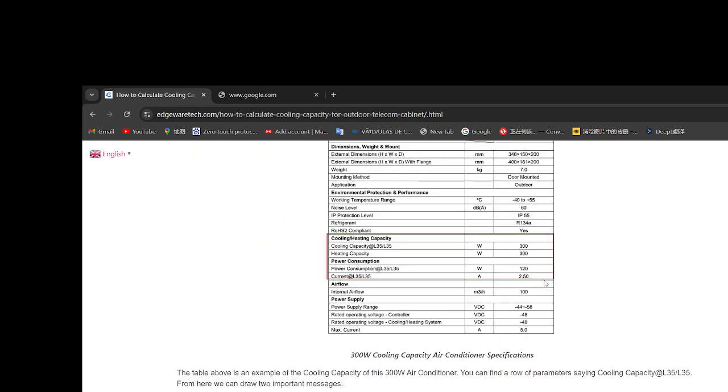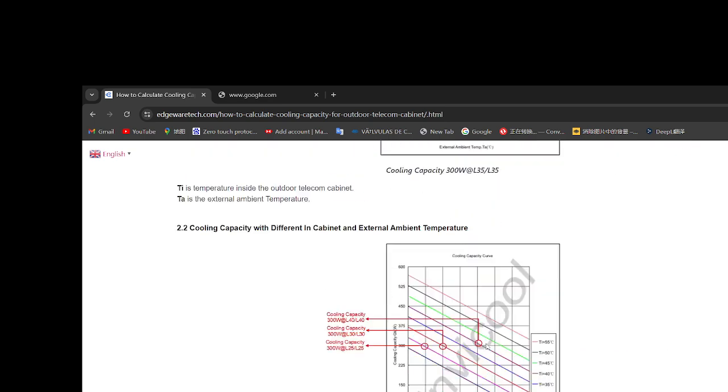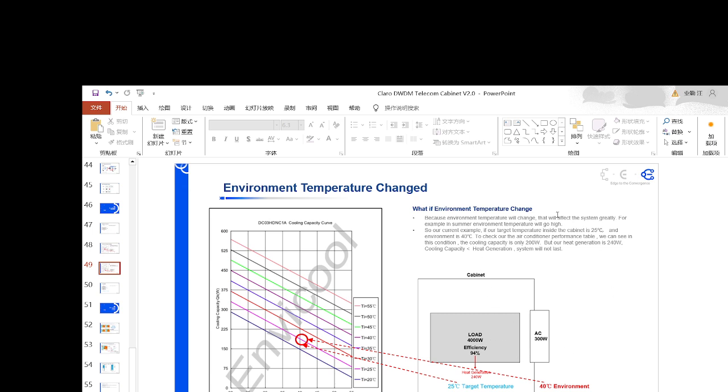For example, this table shows how much cooling capacity and how much load, right? But normally people will not consider the environment temperature difference between different regions and between different seasons.